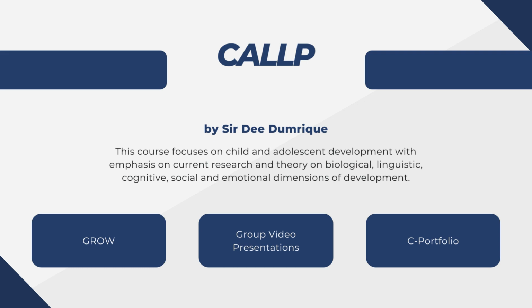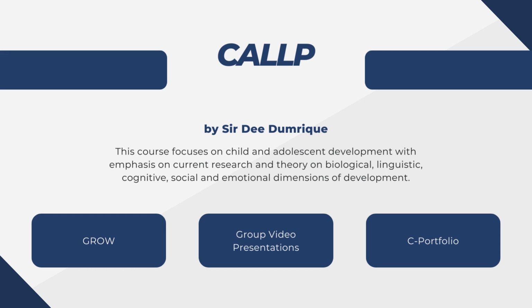There are three requirements for this. First, we have the group video presentations, which I'll show in a bit. Next, we have Grow. Grow is our graded, recorded online worksheet. I can't show you since it's not allowed. And lastly, we have our C portfolio, which is this that I'm doing right now.